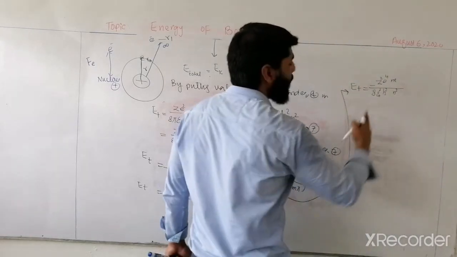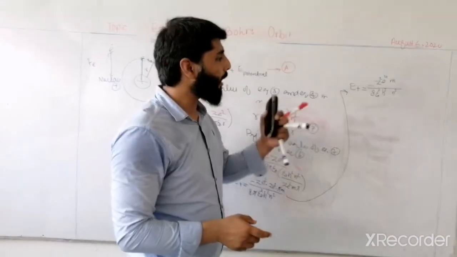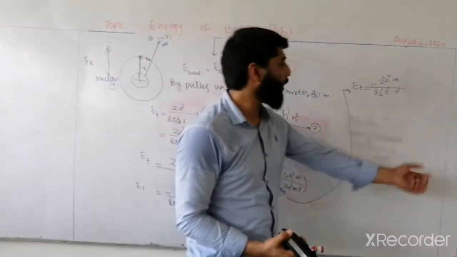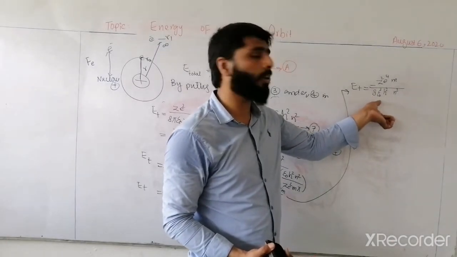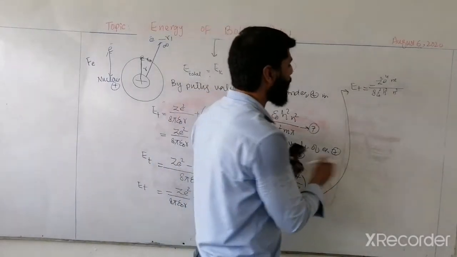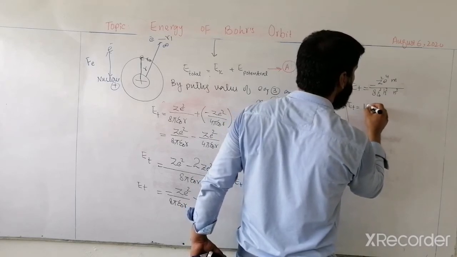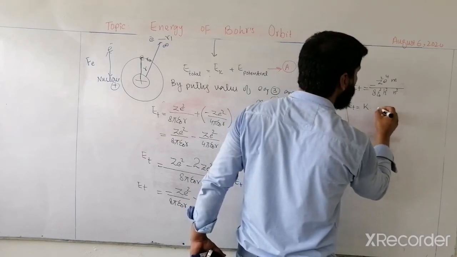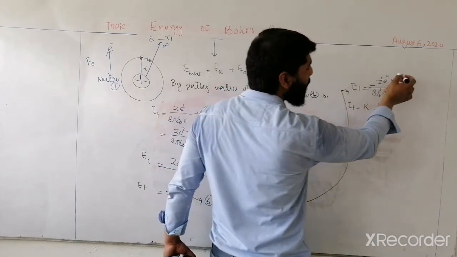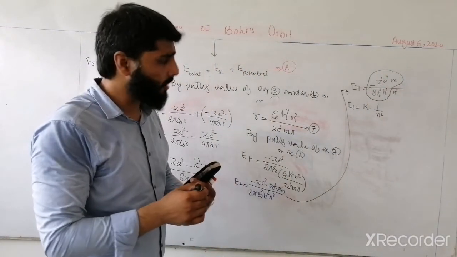We can write it as: Z is a constant factor, E is a constant factor, m is also a constant factor, which will be the mass of the specific atom under consideration. Pi is constant, epsilon naught is constant, h is constant, and n is the variable factor. So we can write ET equal to K into 1 upon n square, where K is simply used for these constant parameters.